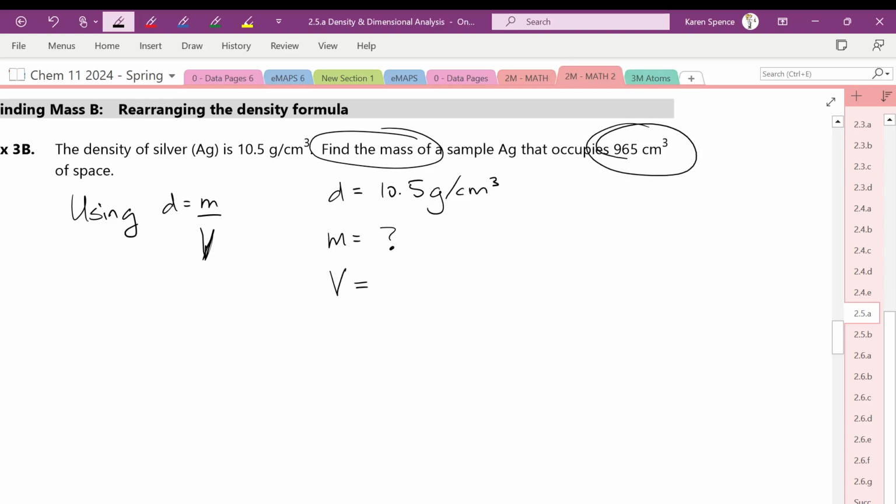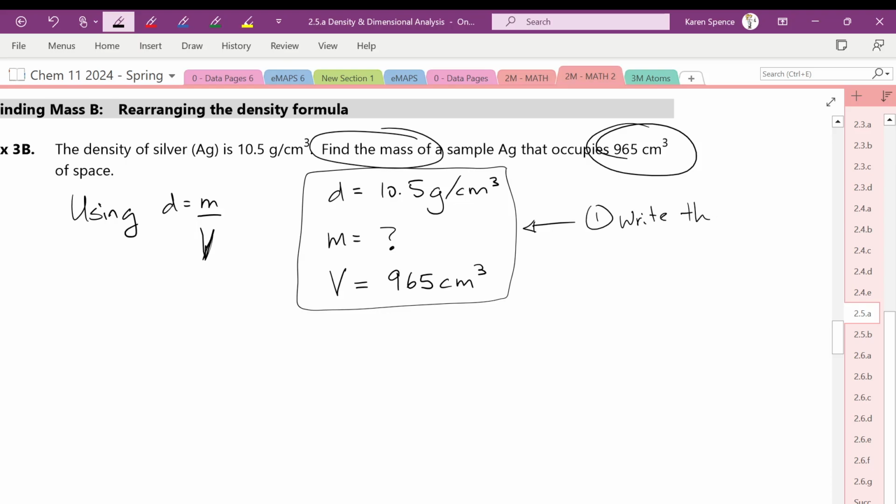We're given the volume here, 965 centimeters cubed. So we write out the info. Number 2, we solve the equation for the unknown. In this case, M.